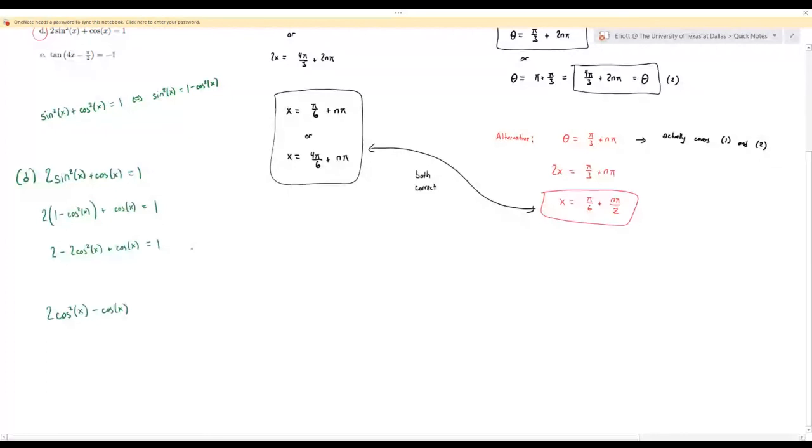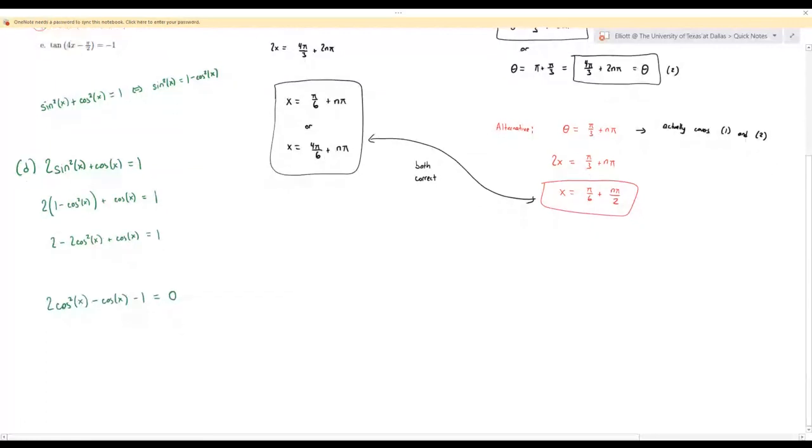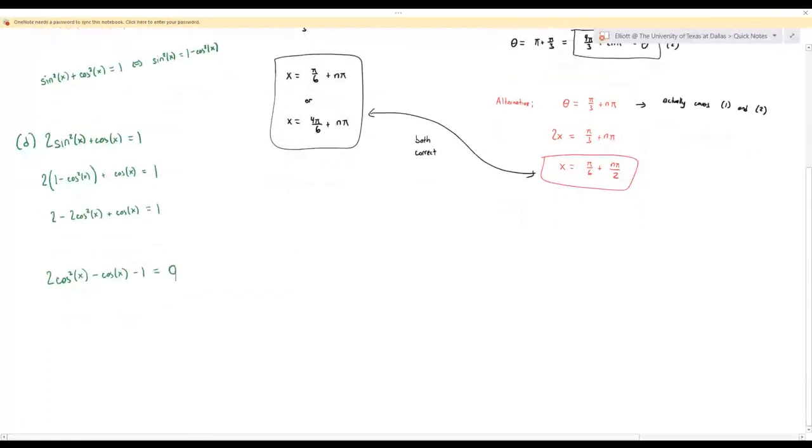So you'll have 1 minus 2 is negative 1. And then since I moved all of this over to the other side, that will leave me with 0. So I moved everything over to get it all equal to 0. And my reasoning for doing that is because I was thinking of this as a quadratic equation.